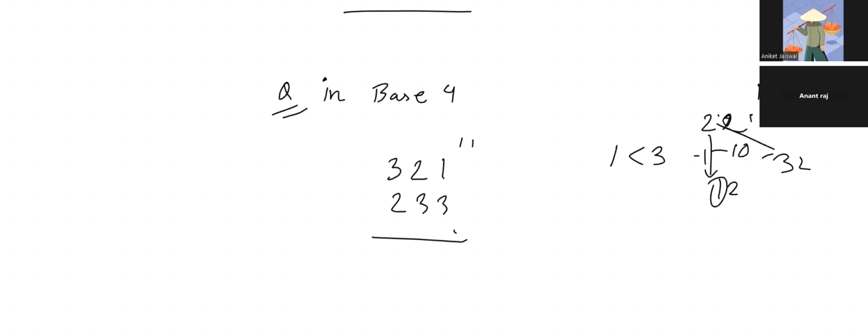So if it's base 4 and it's 1, and 1 is, of course, less than 3, should we add 10 or should we add 4? Of course, we should add 4 because it is in base 4. So if we add 4 here, then we have to subtract this, it becomes 1.